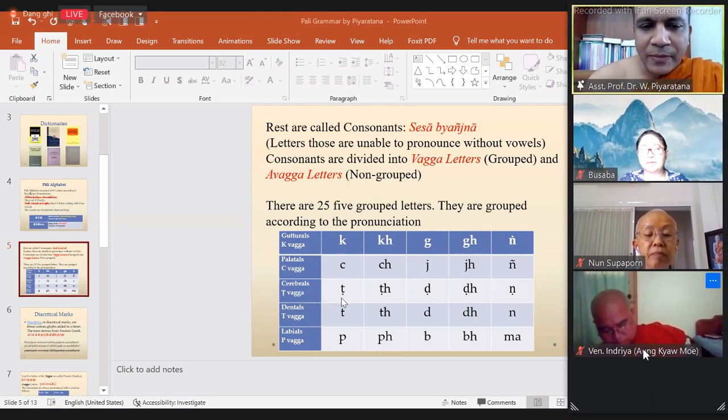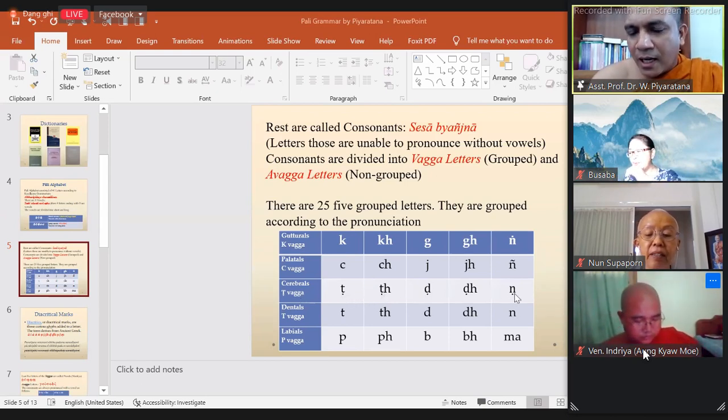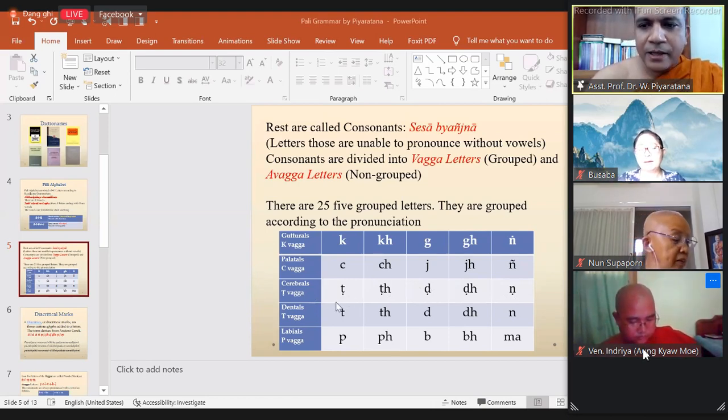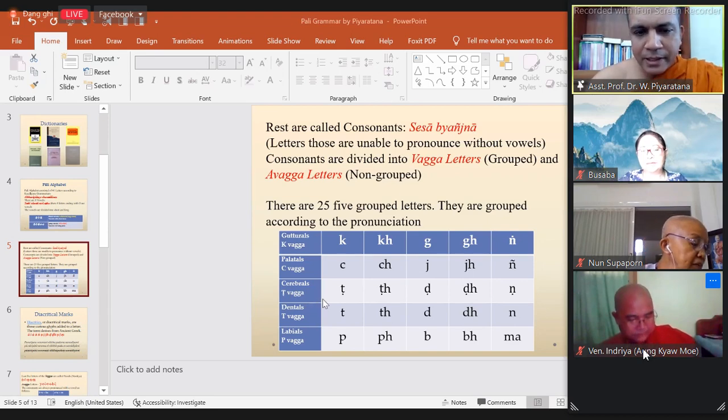The writing system is completely different, but ta, tha, da, dha, na. So these five letters we call ta vagga, or cerebrals.